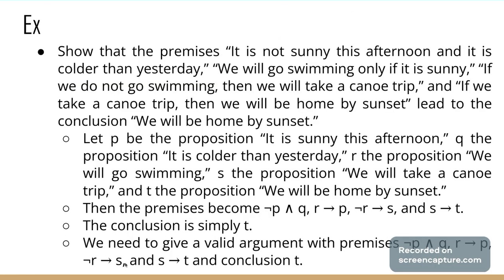Here, the conclusion was T. So from these 4 premises and using the rules of inference that we have already learned, we can conclude that T is true. So we will be home by sunset is a true conclusion. The conclusion is valid. We cannot say it's a true conclusion. We have to say that the arguments are valid, so the conclusion is valid.